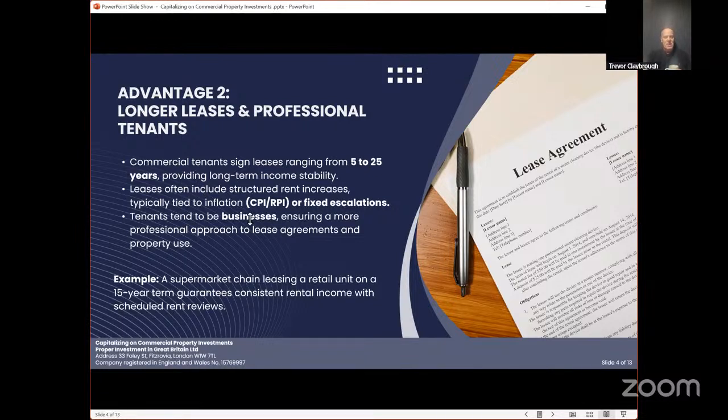Tenants tend to be businesses, so we're generally dealing with people who are used to dealing with contracts, used to respecting agreements, normally used to paying on time. So advantage number two, longer leases and professional tenants.